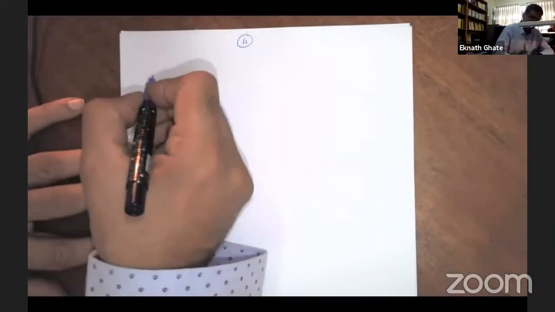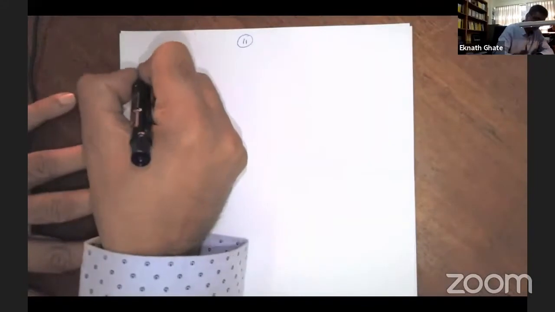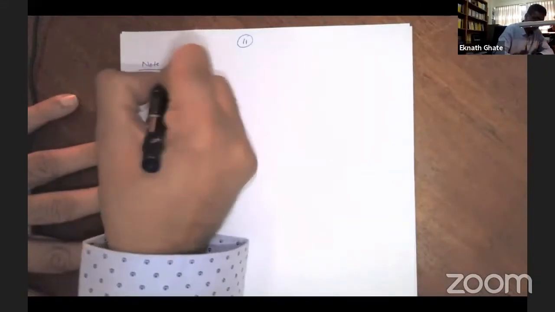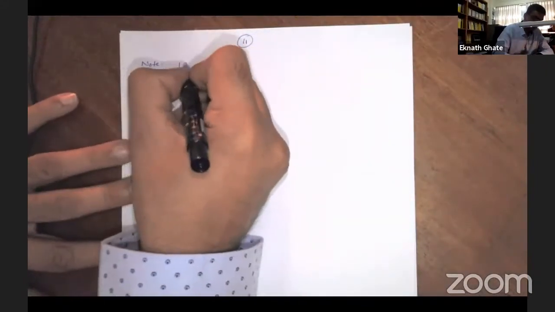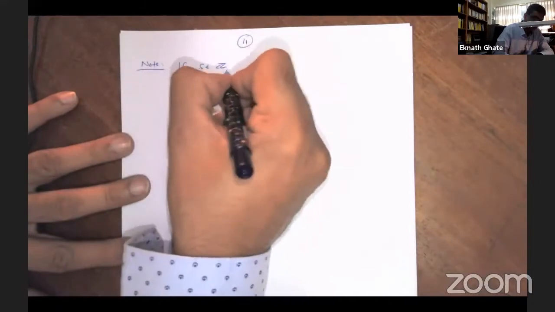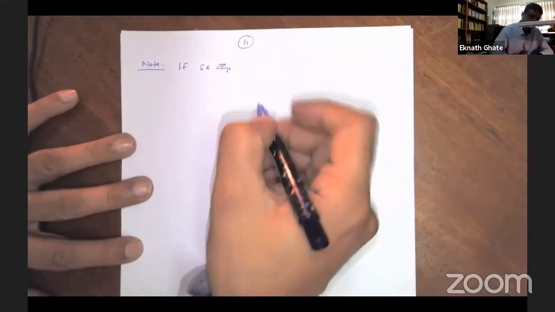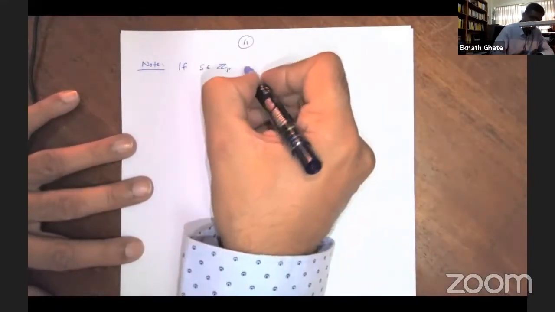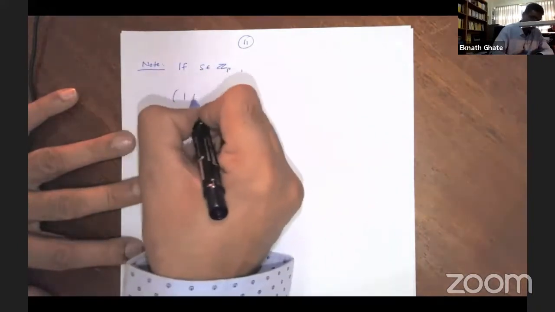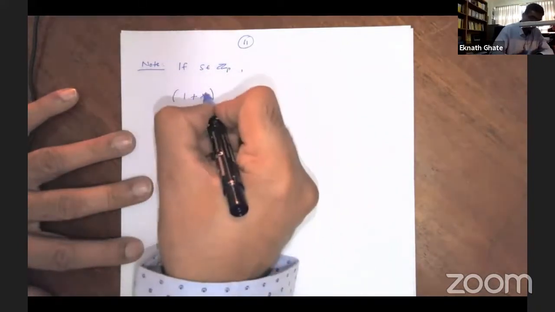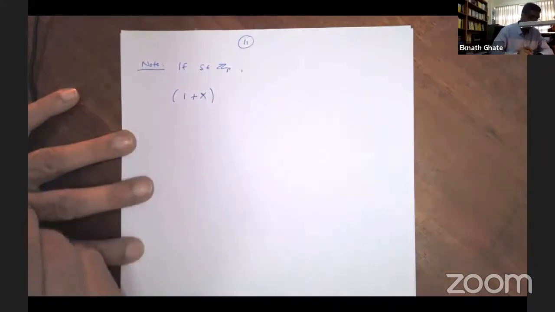I will do this so slowly because I know that not everyone is familiar with p-adic numbers, and especially raising power series to p-adic exponents and things like that can be a little scary at the beginning. So I'll recall some things, but maybe not everything. If s is a p-adic integer, it makes sense to speak of the following power series. I need this power series because I'm going to construct a lambda-adic form, so I need some special power series.